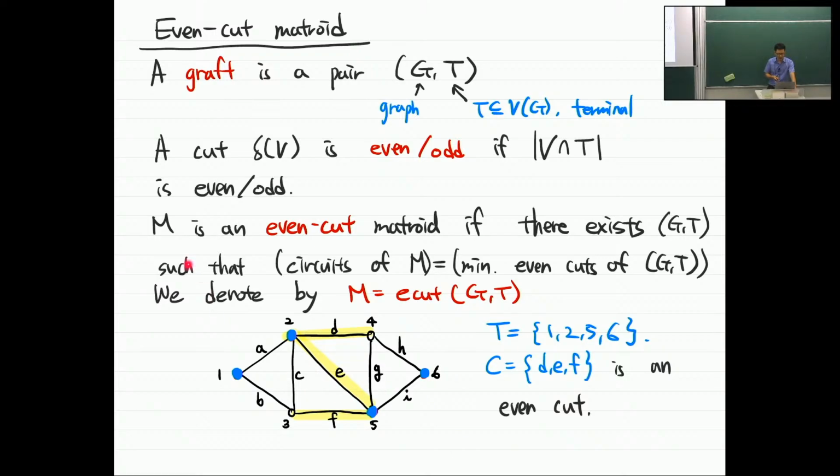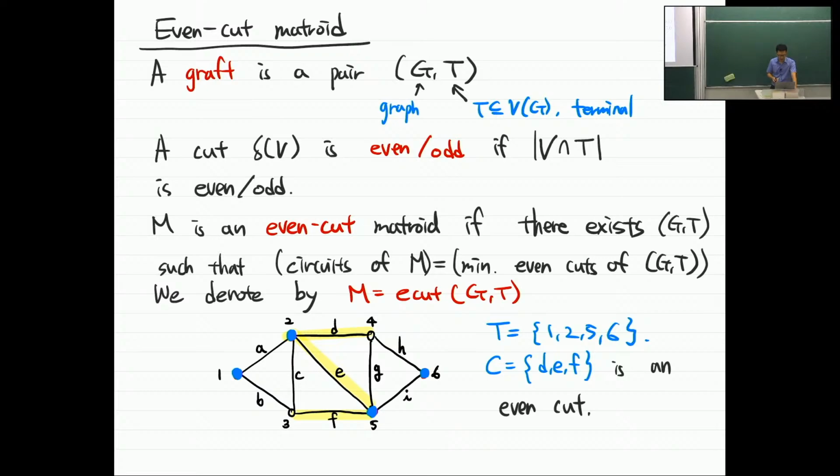We say a cut delta(V), for a vertex subset V, is even or odd if it has an even or odd number of terminal vertices. Then we say that M is an Evencut matroid if there exists a pair (G, T) such that the circuits of M are precisely the inclusion-wise minimal even cuts of (G, T).